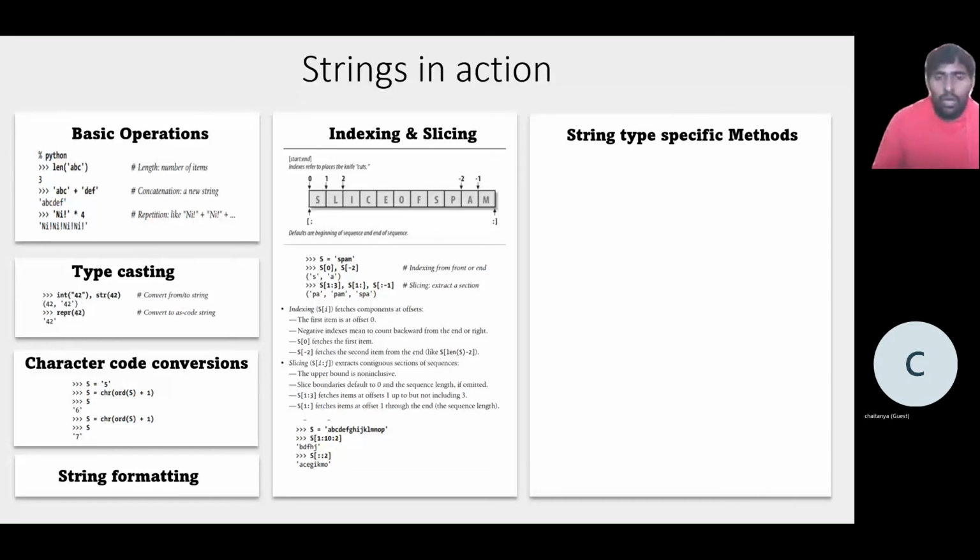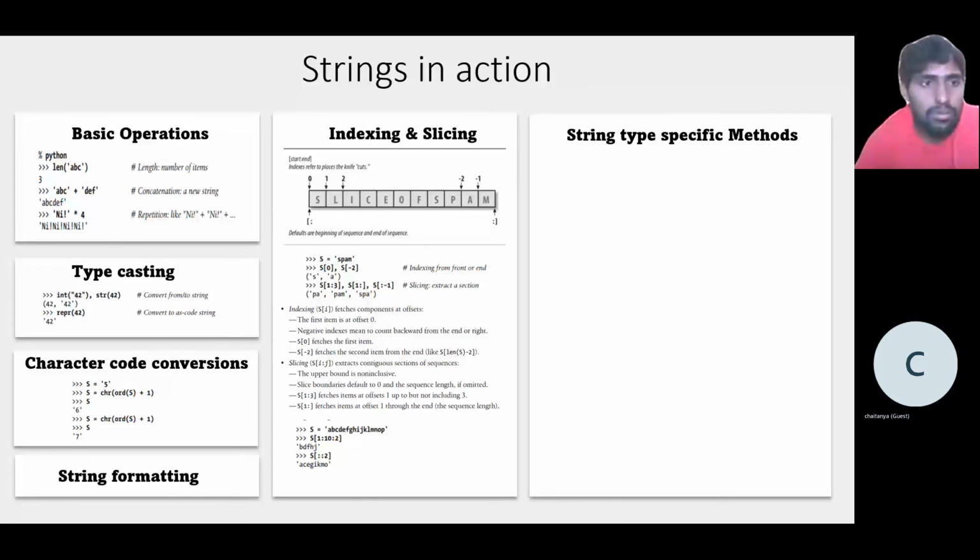In summary, these are the types of behaviors strings have. First is basic operations. Second is indexing and slicing. Third is typecasting. Fourth is character code conversion. Fifth is string formatting. And the last is type-specific methods, which are only applicable to strings, whereas the remaining behaviors are by and large applicable to all other objects. Clear?